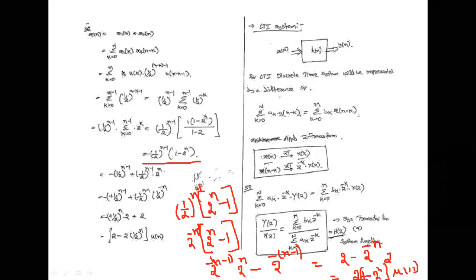Here 2^(-n) is 1/2 to the n, so 2 minus 2 into (1/2)^n mu of n. Otherwise, this becomes, you can take 2 as common, 2 times (1 minus (1/2)^n) mu of n. Got it, my dear students? Mu of n.